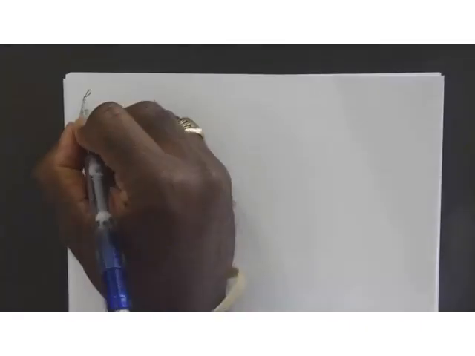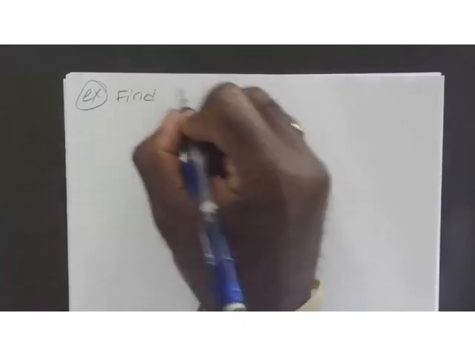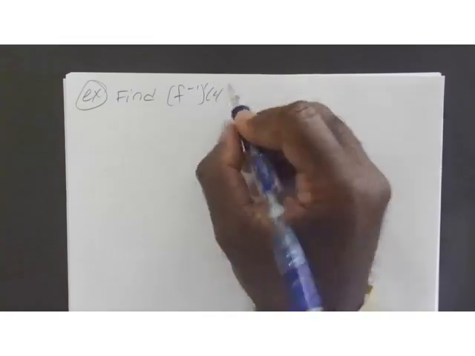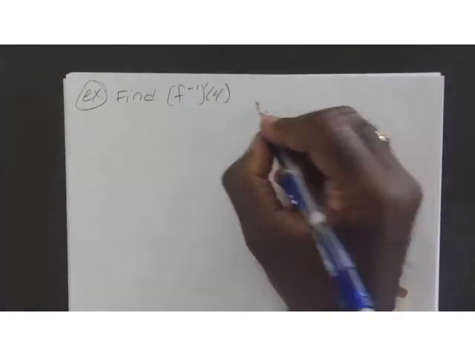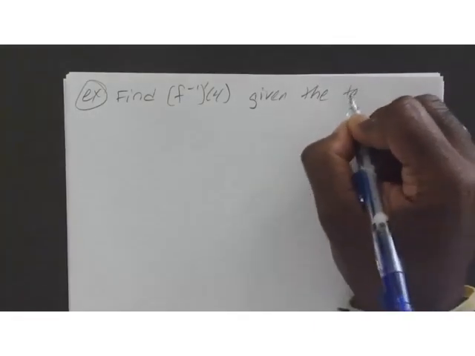Okay. So let's say with this one, and every once in a while they'll throw a concept question at you just to see if you know what you're doing. What if we wanted to find f inverse prime at x is equal to 4, you're given the table.